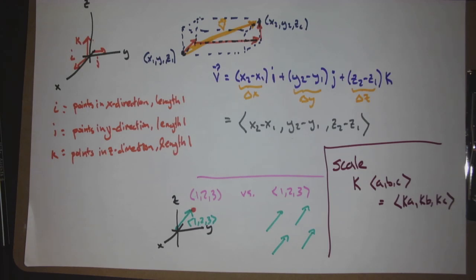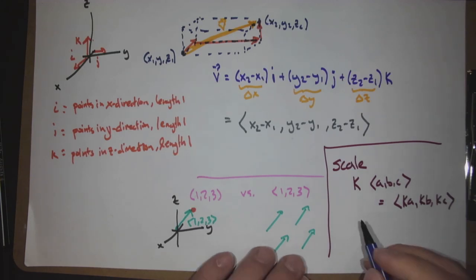So scaling works pretty nicely. It works entry by entry. Nice. All right. Well, what if we don't want to scale? What if we want to, say, add?